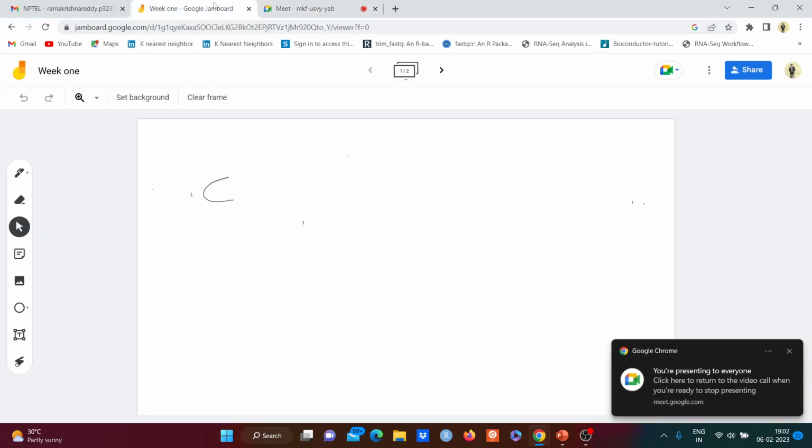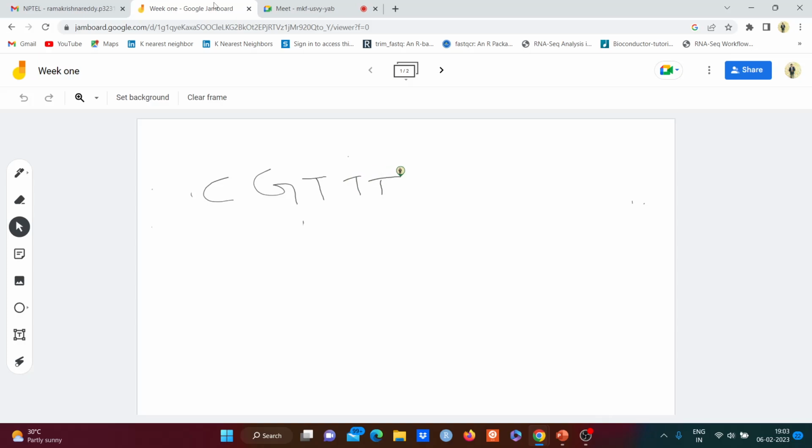Here the given sequence is C, G, T, T, T, G, A, C, and this is T.